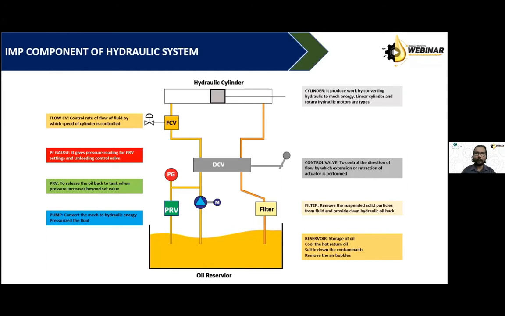To maintain the system pressure, we have the PRV. These PRVs are needle type mostly. So they have very precise opening to drain the excess quantity of oil to maintain the system pressure.